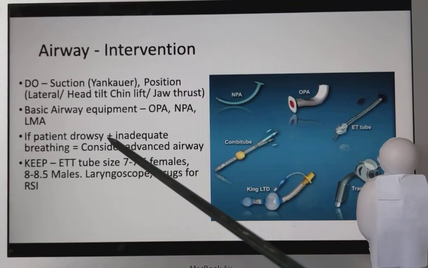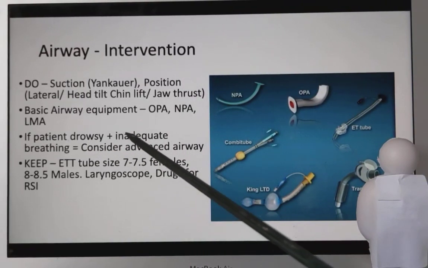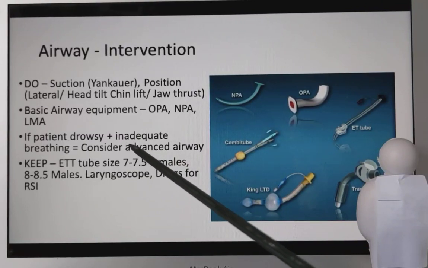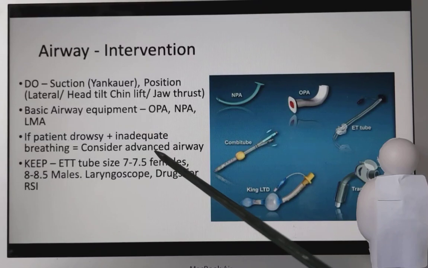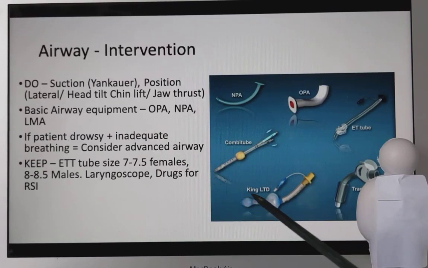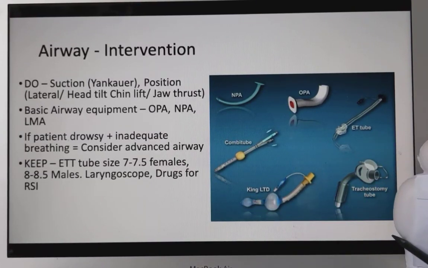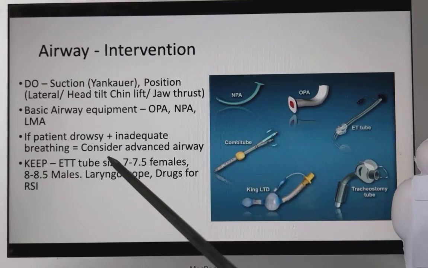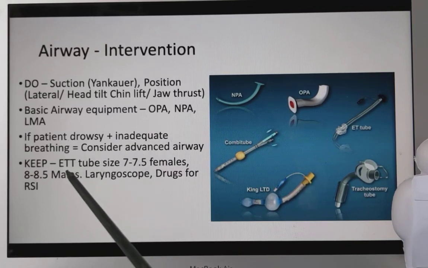If a patient is drowsy as well as breathing inadequately, then we will put an advanced airway, which is basically something like this endotracheal tube here, which goes beyond the level of the vocal cords, so which we call a definitive airway.